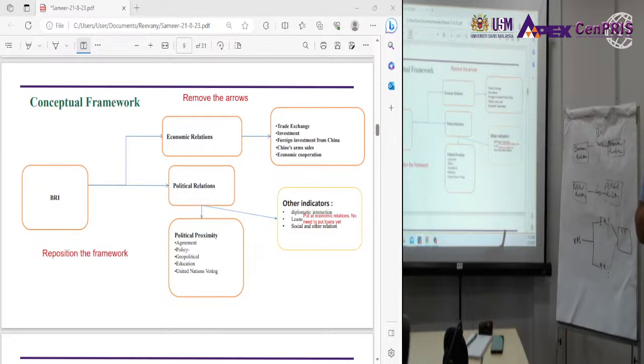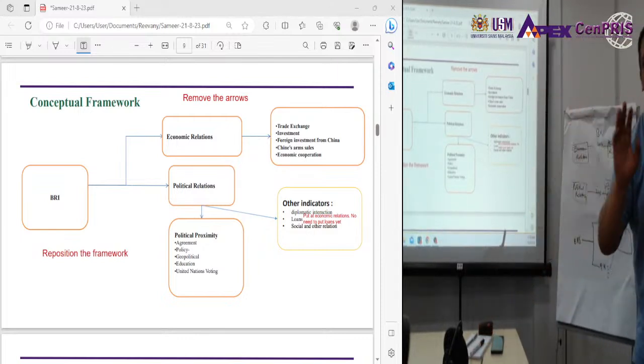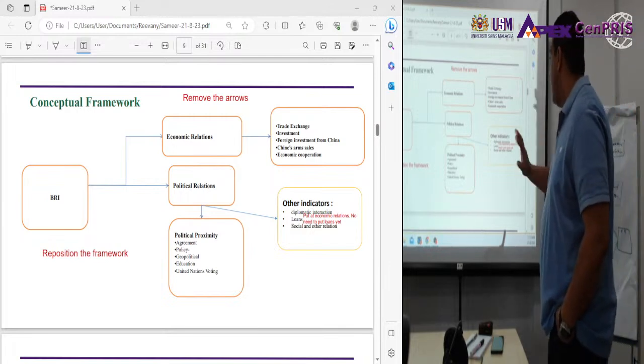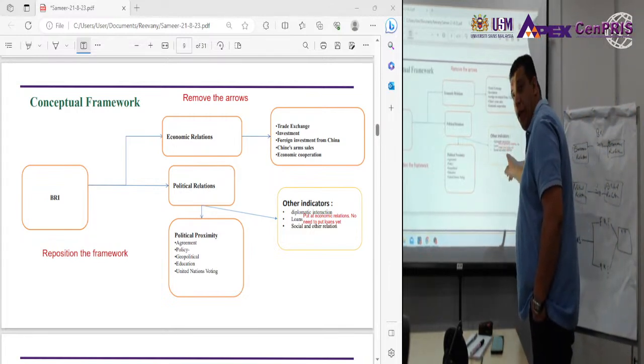The historical process and the conceptual framework, right? The conceptual framework means the connection between concepts. What is the connection? Not historical, right? Okay, if I need conceptual, I will delete this one.